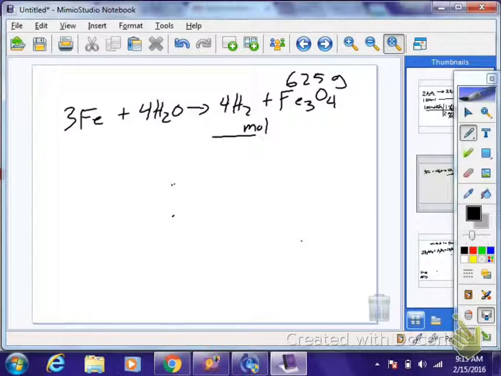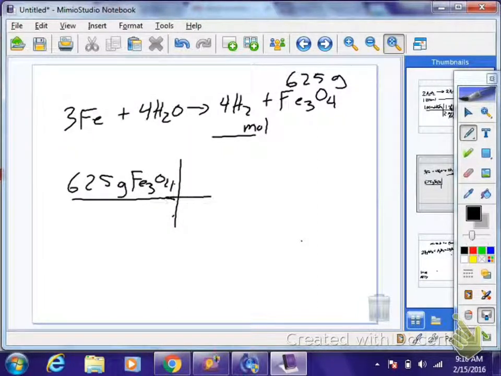Okay. So anytime we're doing any problem, we've got to have everything in moles if we're given grams. So the 625 grams will be our starting point. Then down below has to be the same unit and same formula.